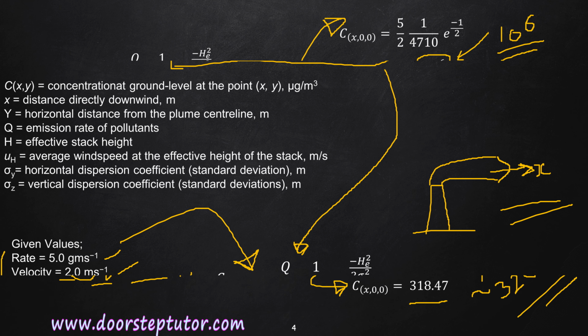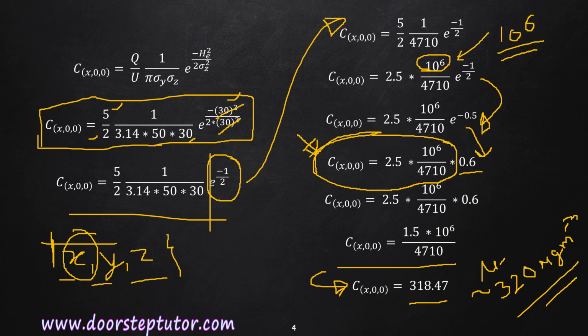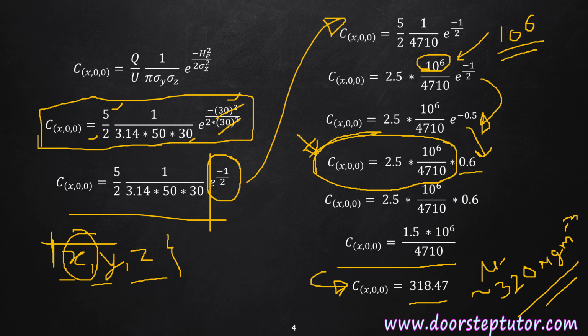So let's see. After putting values in this equation, we'll get this: the wind speed is 2, the emission rate is 5, pi 3.14, sigma y 50, sigma z 30, effective stack height is 30.